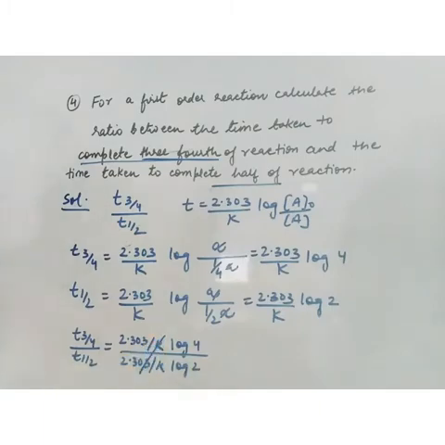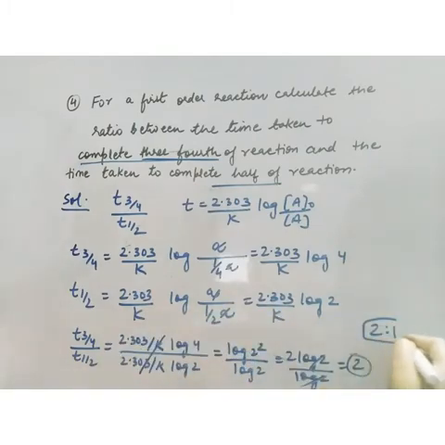Now log 4 upon log 2. We can also solve it like this. Now what is log 4? Log 4 is log 2 square. Now what is log 2 square? So the answer is 2. So what is the ratio? The ratio is 2:1.